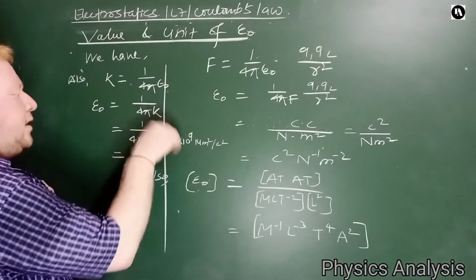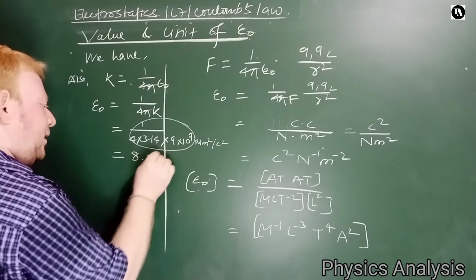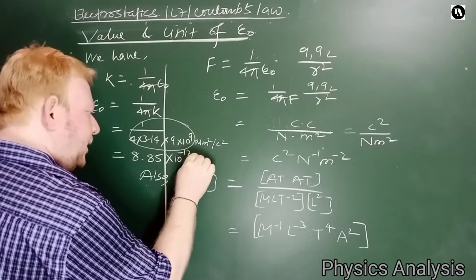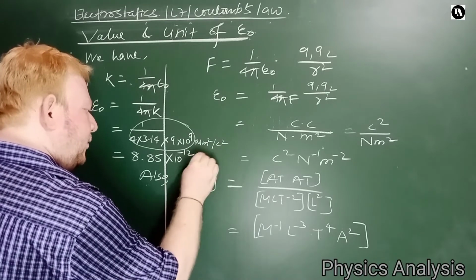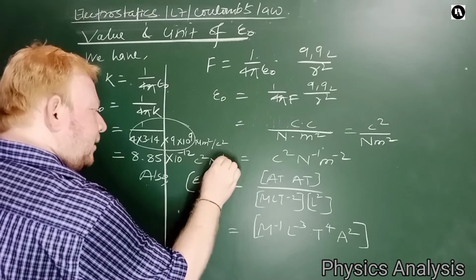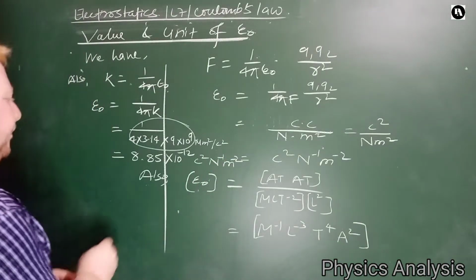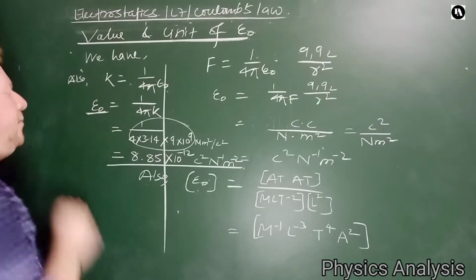So what is the value that comes? If you solve this whole value, then the value will be 8.85 into 10 to the power minus 12 coulomb square per Newton per meter square. This is the value of epsilon naught.